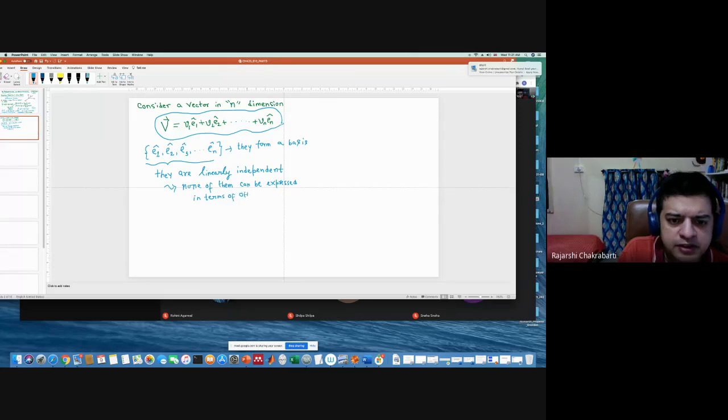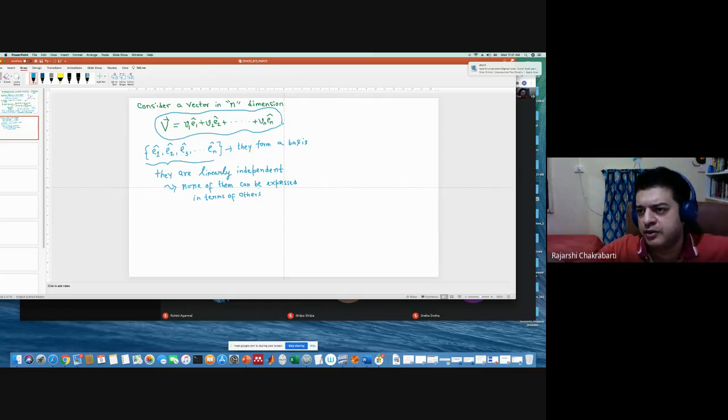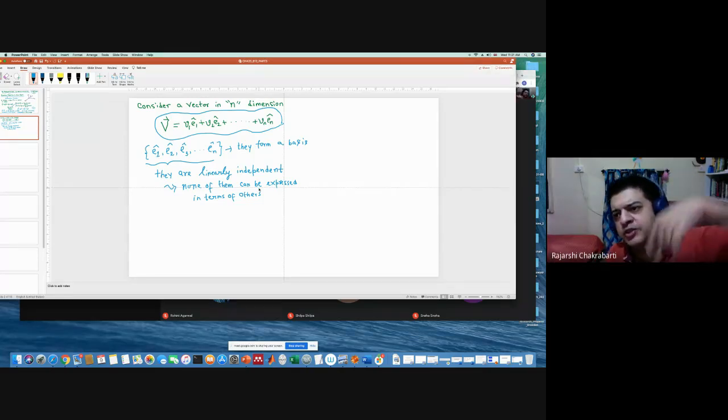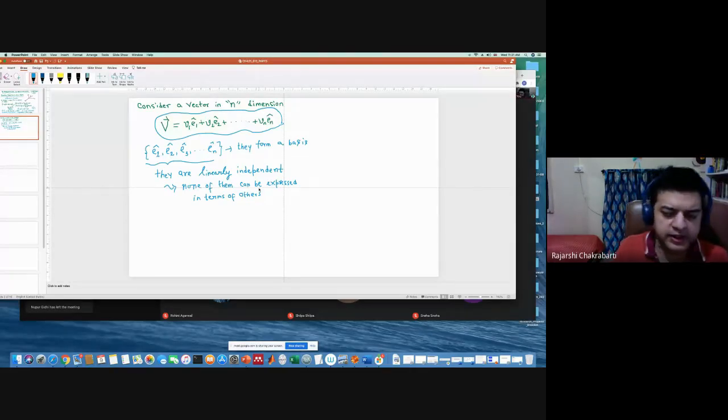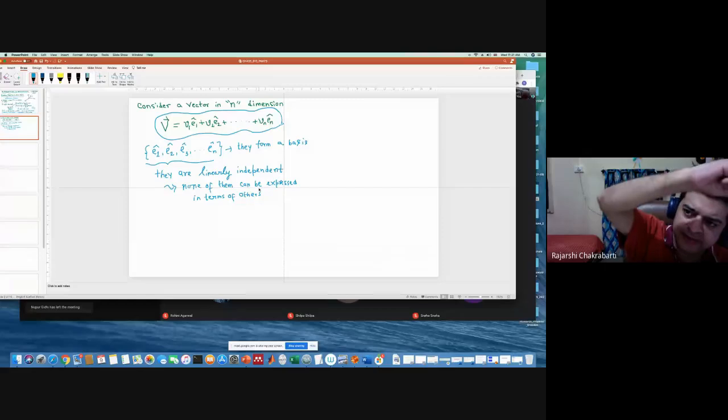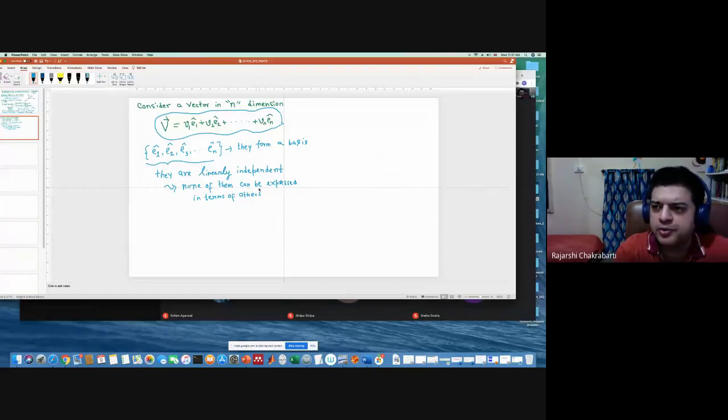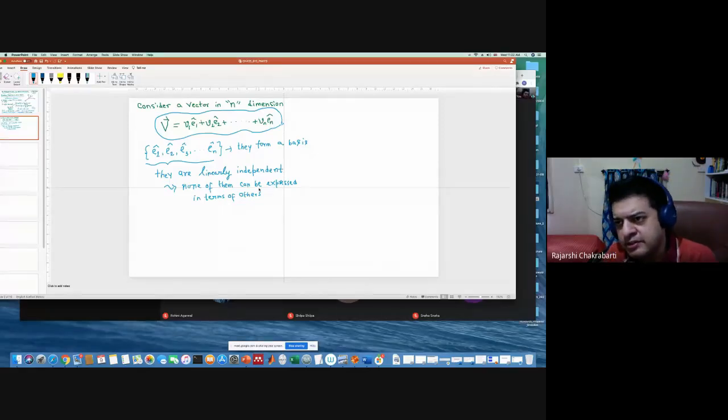So I cannot express E1 in terms of E2, E3, or anything else. For example, in 3 dimensions, I cannot express Ex in terms of Ey and Ez. So if I choose a vector along the x-axis, it cannot be expressed by combining, say, 2 vectors along the z and y axes. Is this clear?